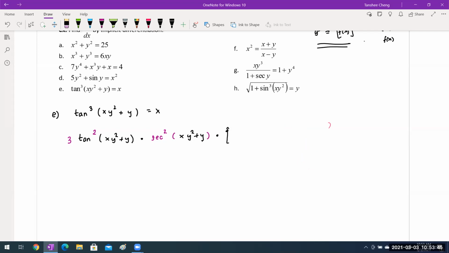When I take derivatives, for the first term I need to use the product rule and then the chain rule. Using the product rule, the derivative of x is 1, times the second factor, y squared, plus x times the derivative of the second factor, which is 2y.